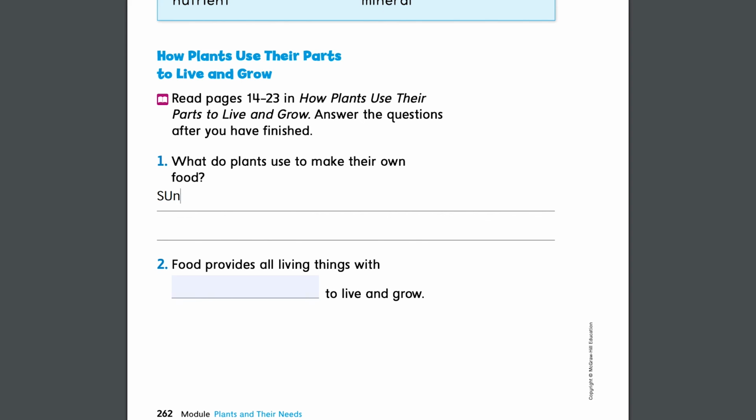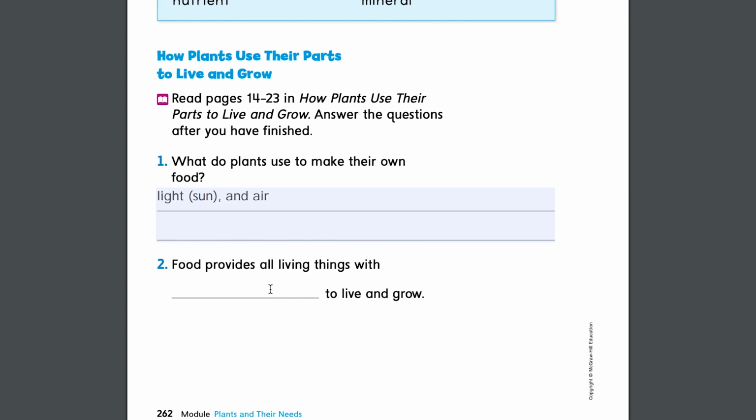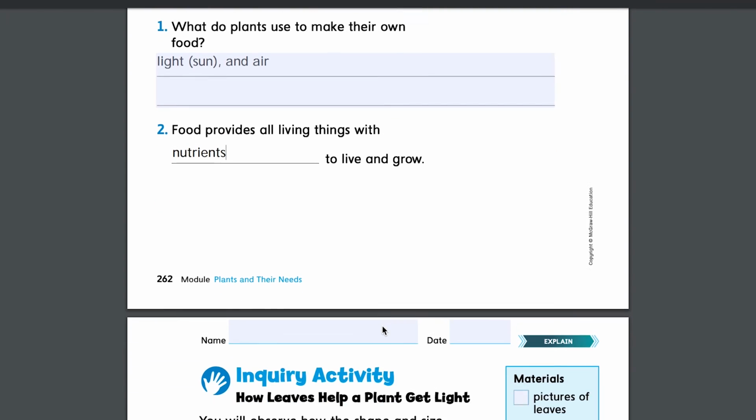We said plants need sun, or light from the sun, and air to make their food. Food provides all living things with nutrients to live and grow.